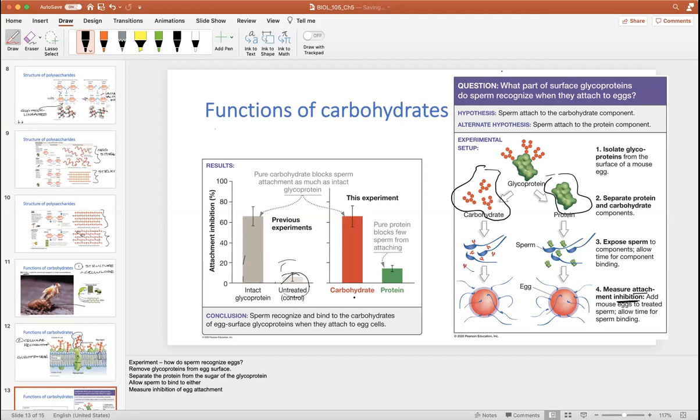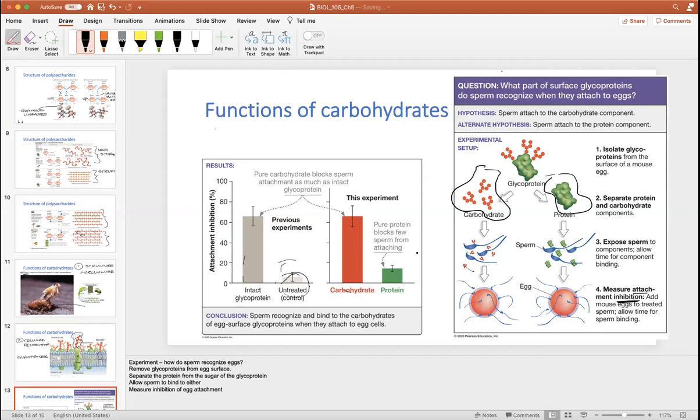Now let's look at the results after they break this molecule up. If you add just the carbohydrate, you get a lot of attachment inhibition, or in other words, you're blocking the sperm from going and attaching to the egg. But here you get very little attachment inhibition. In other words, the sperm are finding the egg just right.